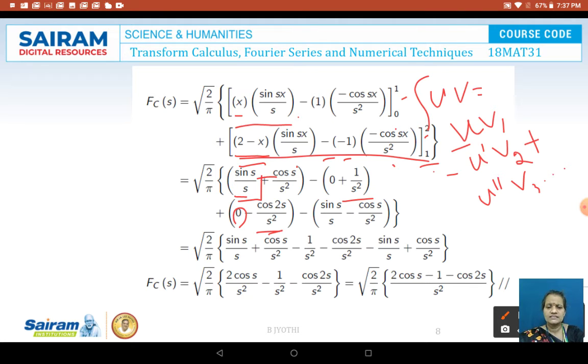Now let us simplify by cancelling sin s and sin s. Cos s by s square and cos s by s square will be added, that is 2 cos s by s square, minus 1 by s square and cos 2s by s square. Taking the LCM as s square, we get 2 cos s minus 1 minus cos of 2s, all over s square.